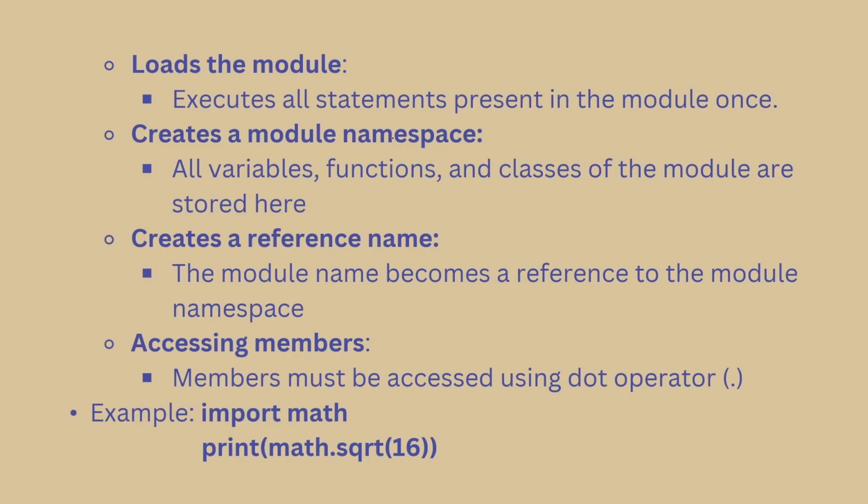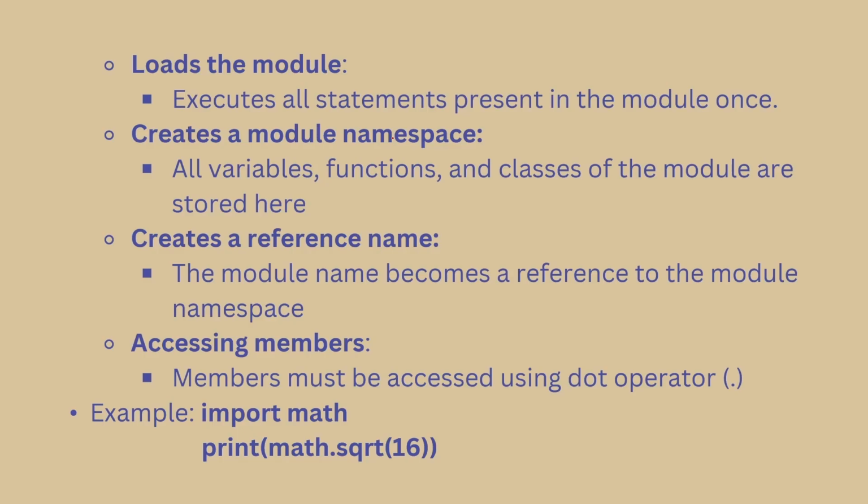Then it creates a module namespace. All variables, functions, and classes of the module are stored here. Then it creates a reference name. The module name becomes a reference to the module namespace. Then accessing members. Members must be accessed using the dot operator.